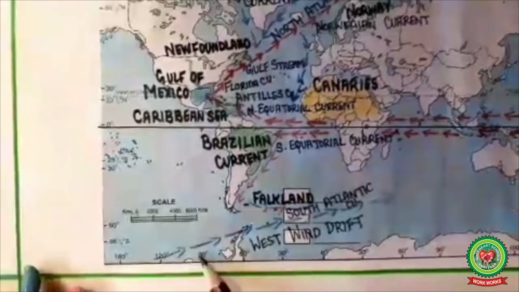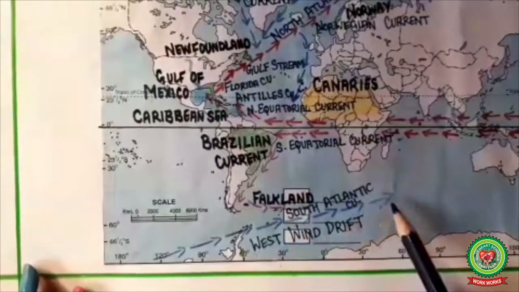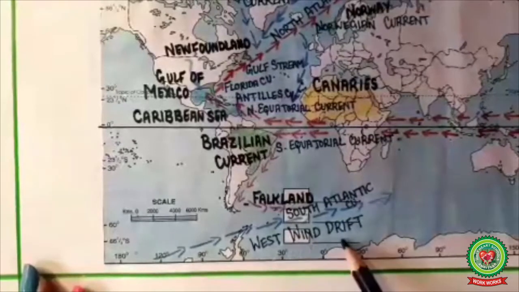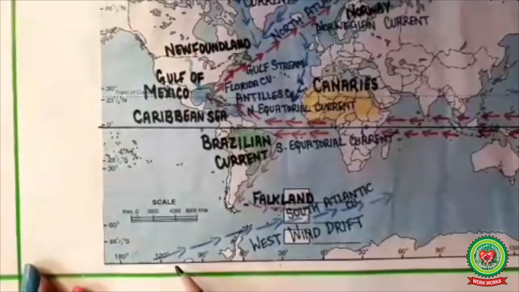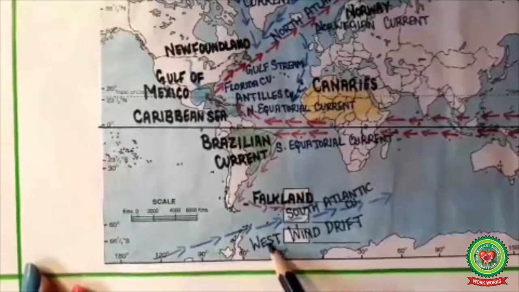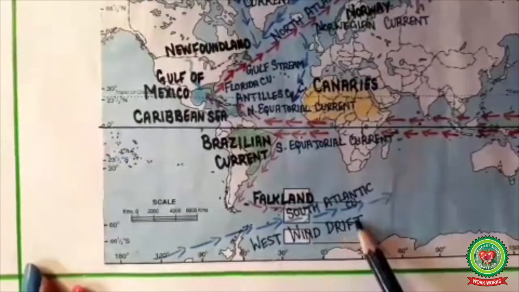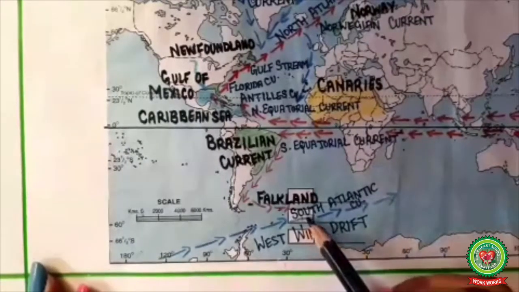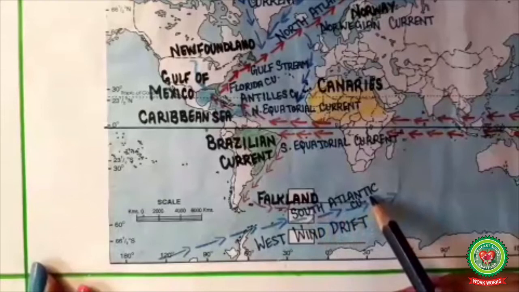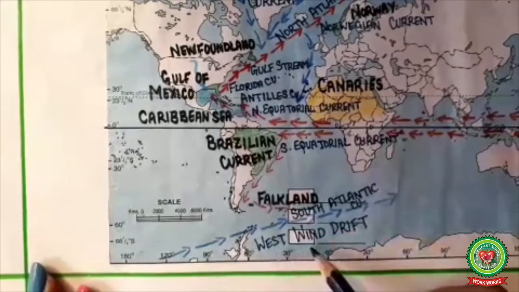So here the cold current is named as west wind drift because it blows from west to east under the influence of westerlies. And the South Atlantic current is one of the parts of the west wind drift.